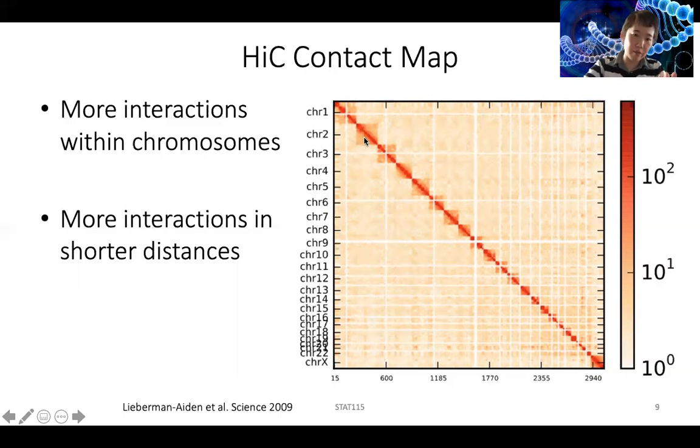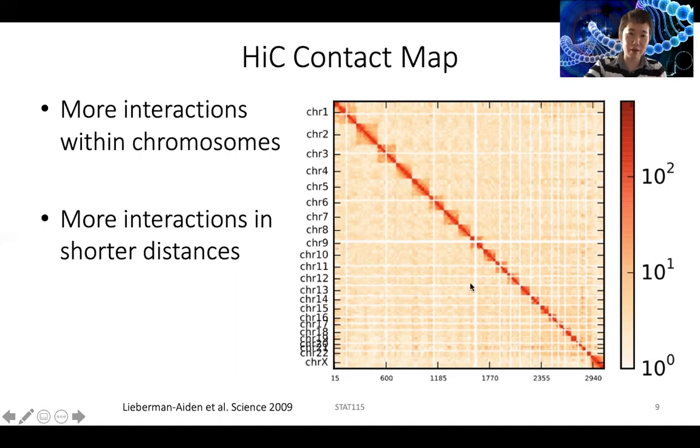But if it's darker orange or red, it means there are more interactions. And so at the very first glance, what you can probably see is that there are more interactions within the chromosome. And also there are more interactions when things are close by. That's why the diagonal is super red. It means that when things are close by, they are more likely to interact.